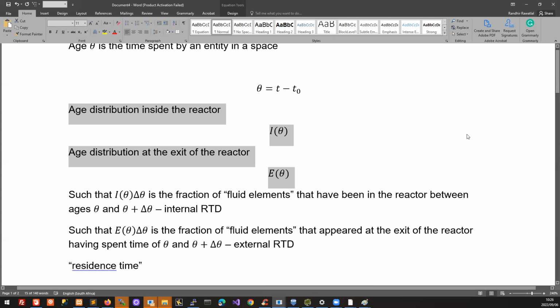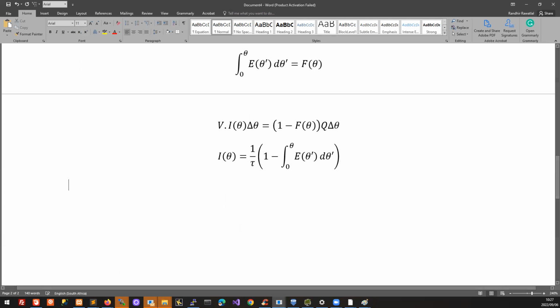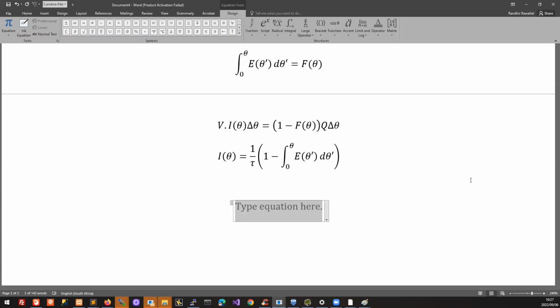So we can determine dispersions inside the reactor using maybe the variance. Yeah, that's quite true. So all the statistical operations that you are familiar with, like if you want the mean value, for example, then you can say theta bar equals, and you can integrate this over all possible values.